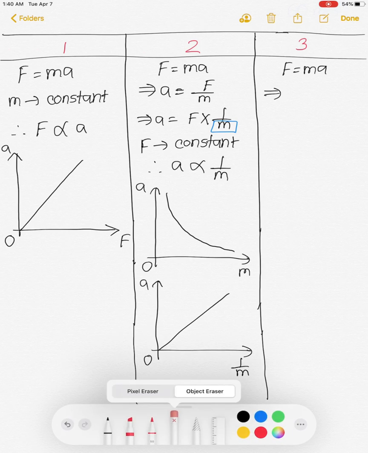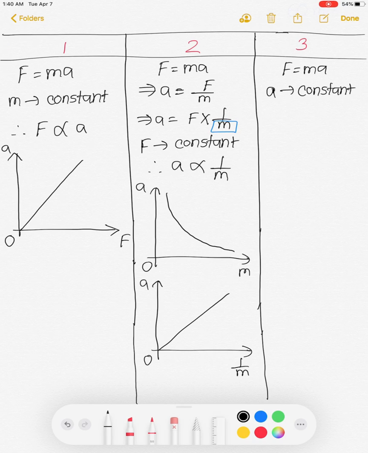Now in this case, if acceleration remains constant, which means that the objects will be of different masses, but I want them to accelerate at the same rate, then a heavier object will require a larger force and a lighter object will require a smaller amount of force.